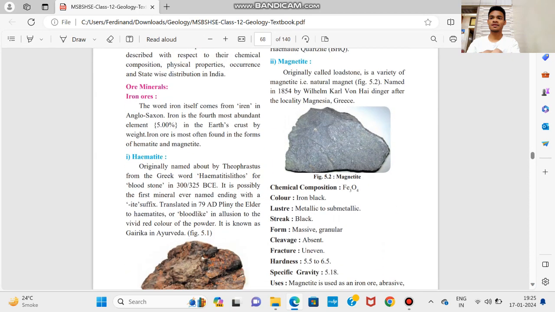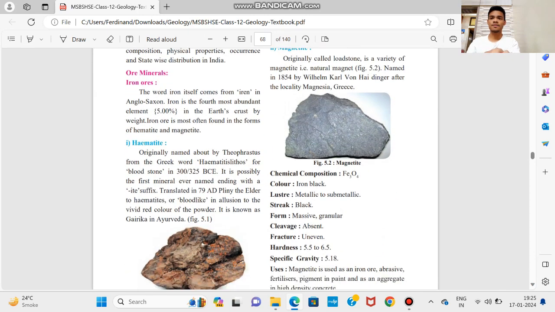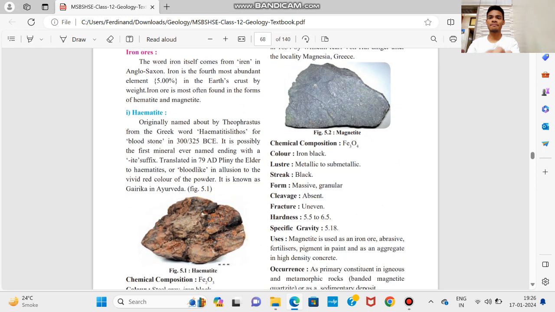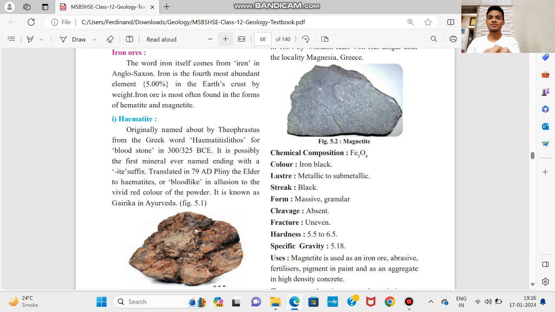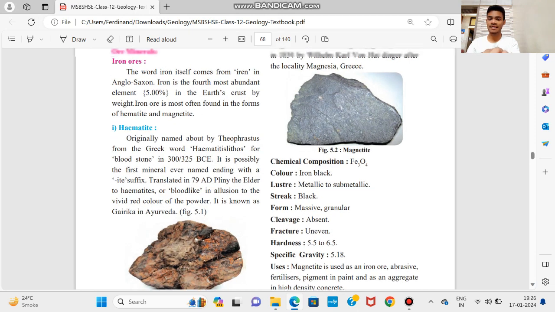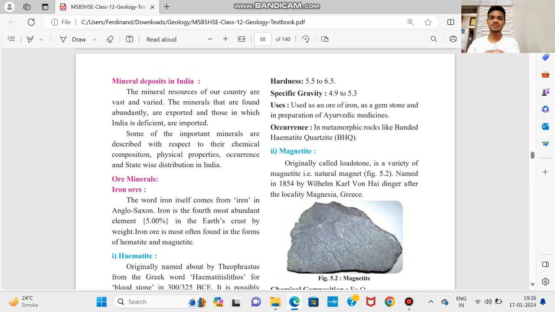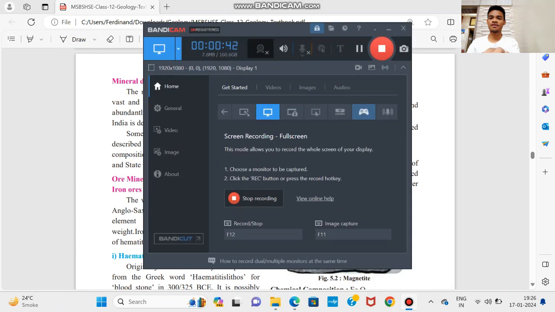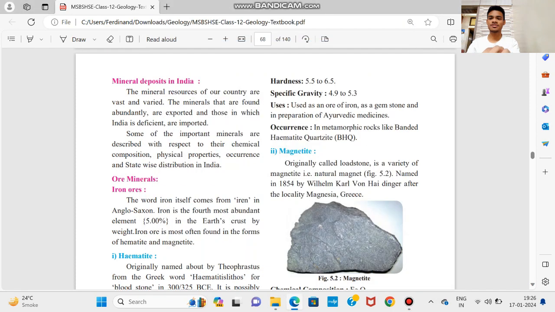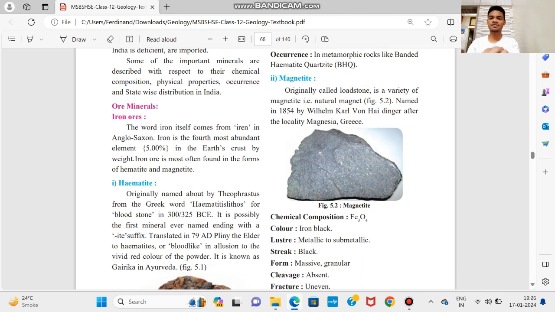Okay, so next part is magnetite. As I told you, remember the chemical composition, Fe3O4, then color, luster, streak, form, cleavage, fracture, hardness.